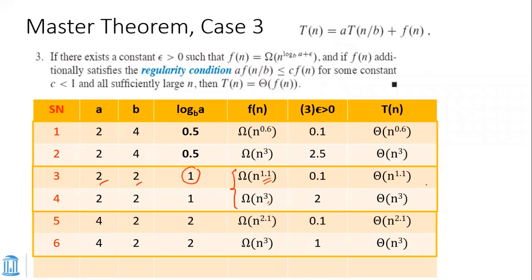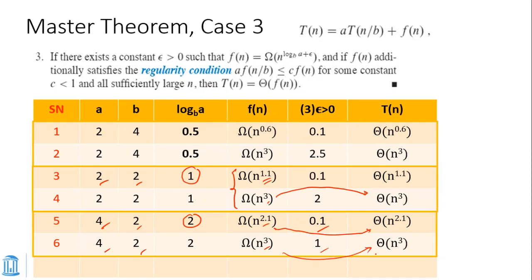In all of these cases, essentially this function over here is going to determine the complexity. Similarly over here, we've got a and b to be 4 and 2, so log to the base b of a is now 2. As long as f of n has a power greater than 2, whether it's 2.1 or 3, you calculate your epsilon just for reference, and then you simply pick this function that's going to determine the complexity.